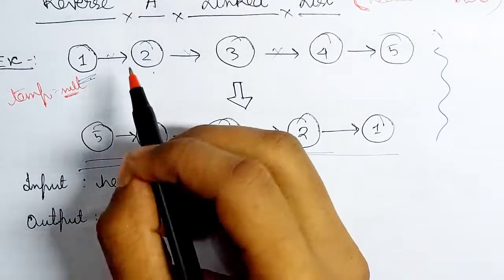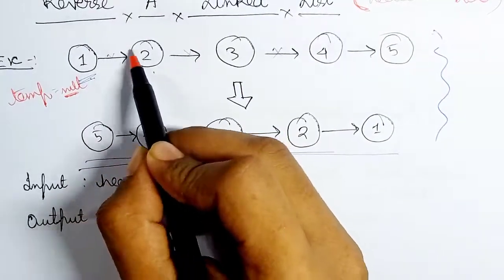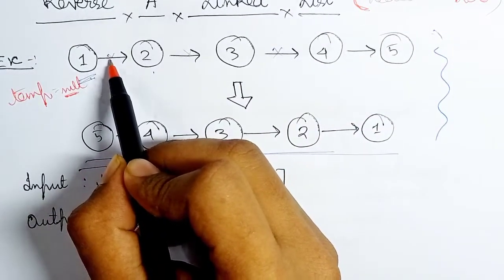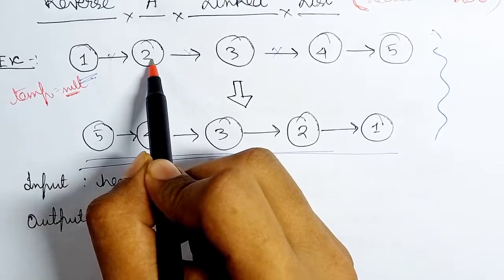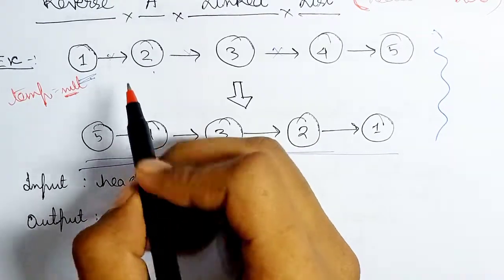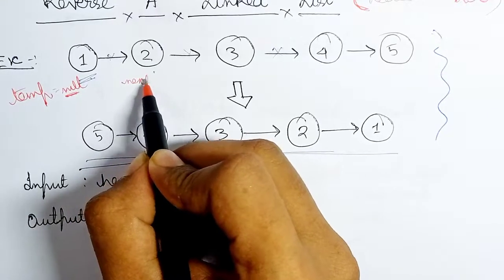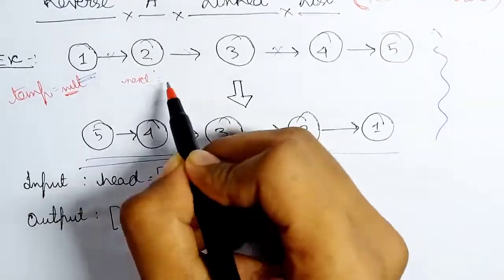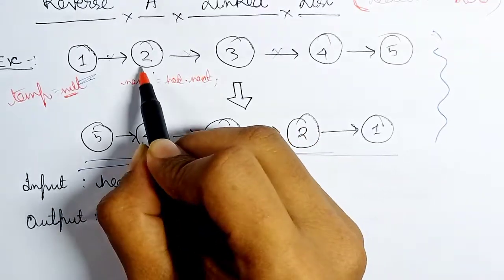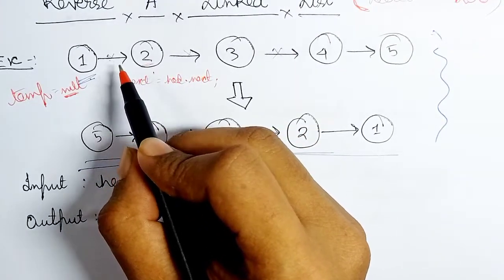At first, we will store the next of the head in a variable. Why? Because we are breaking this link. If we break this link, there is no other way to reach that node. So we will first store that node. We will have a next node and we will store head.next in it so that we can access it even after this link is broken.